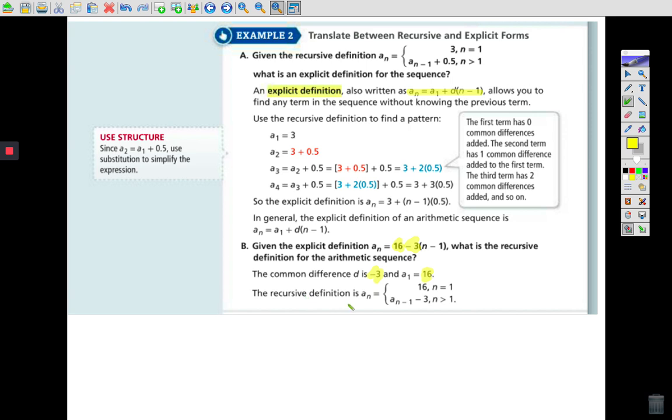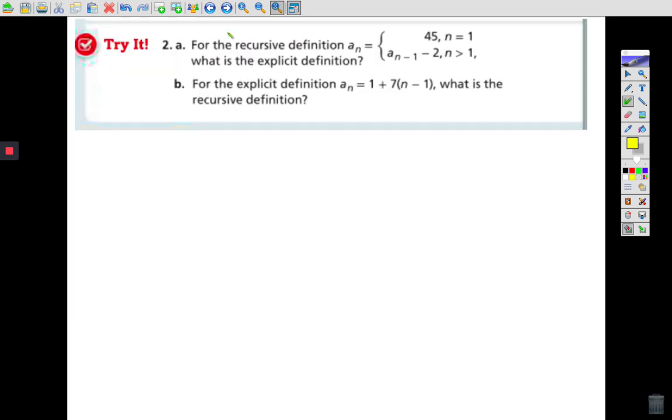So they were able then to rewrite the recursive definitions because we're going to have to do that here shortly. So for 2a here, we're given the recursive definition. It says a sub n is equal to, and it gives us 45 when n is equal to 1. A sub n minus 1 minus 2 when n is greater than 1. What is the explicit definition?